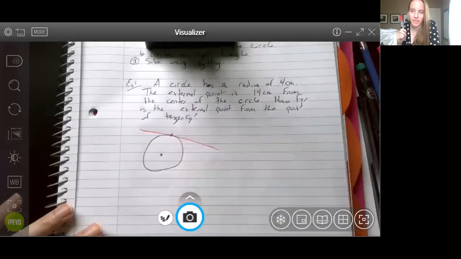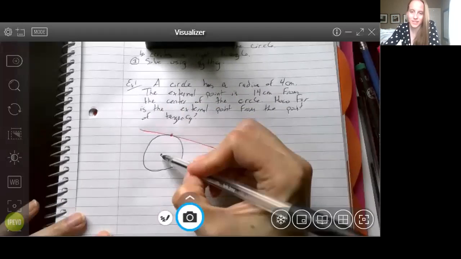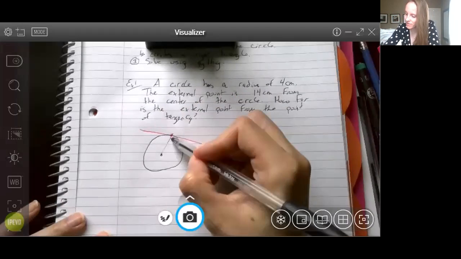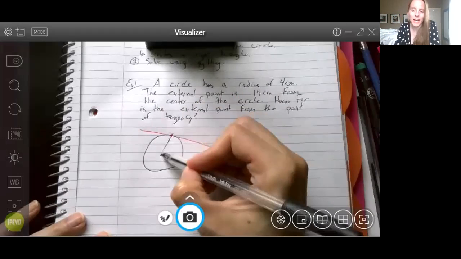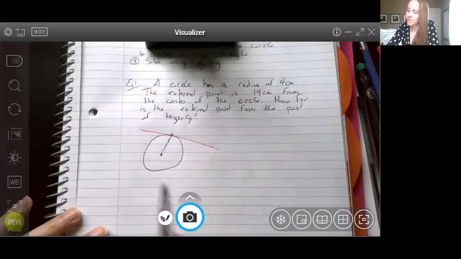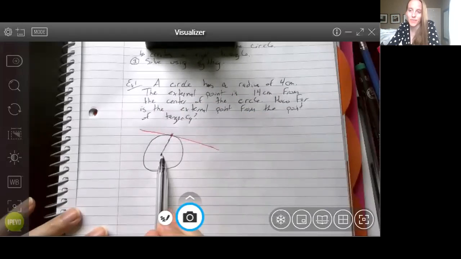Then I'm going to draw my radius in. So of course my radius is going to go from the center of the circle to the point of tangency, like so. And then lastly, I'm going to draw from the external point to the center of my circle.